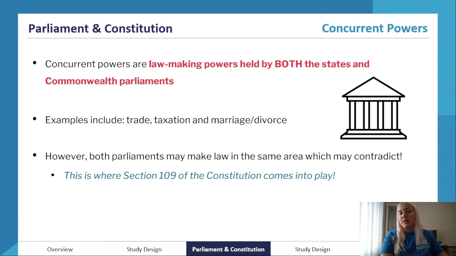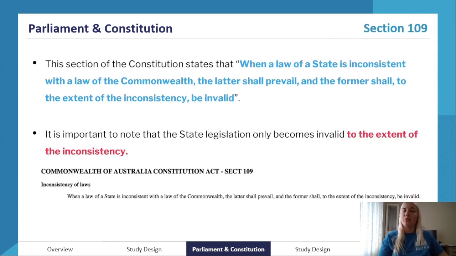So that helps to give you an example of some concurrent powers. So let's see Section 109. Remember, this is really accessible, so you need to be able to explain this in quite a bit of detail. Section 109 explains what occurs if, under concurrent powers, a state law and a Commonwealth law contradict each other. So the actual section of the Constitution explains exactly what's going to happen.